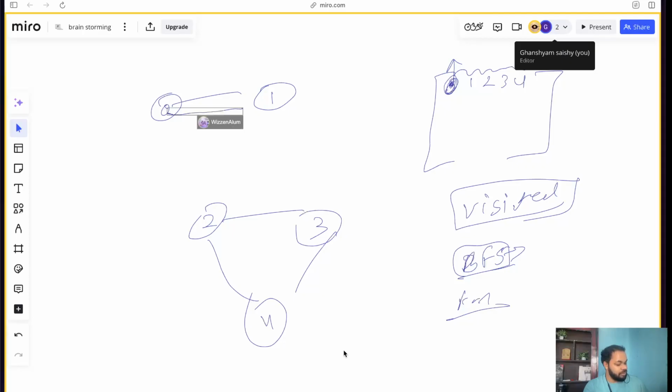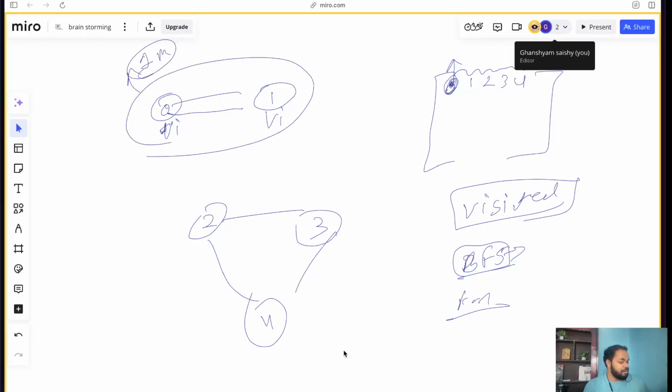So this will be visited, this will be visited. Then check, now all the nodes are finished for this province. Then we count one province, and we move ahead. Okay, one is already visited, so we don't do a search on this. Then we'll go to two, which is not visited.